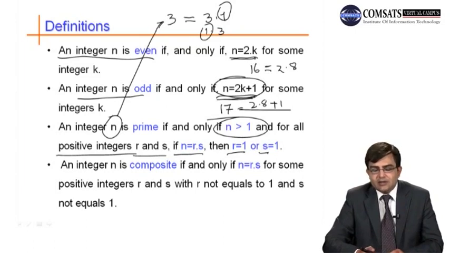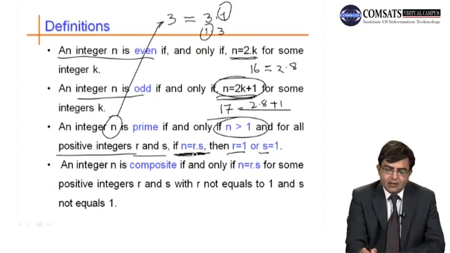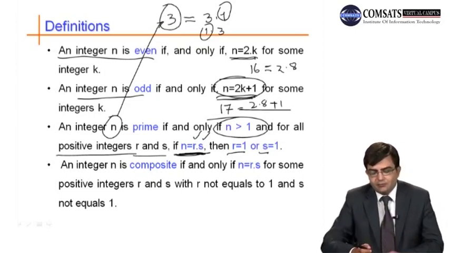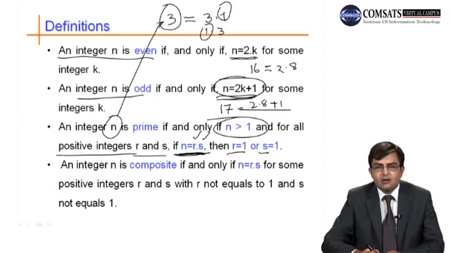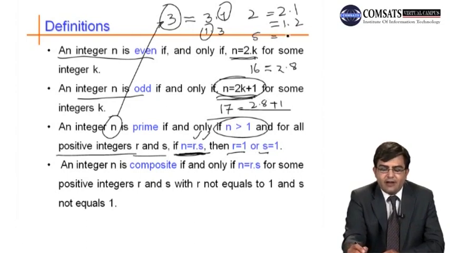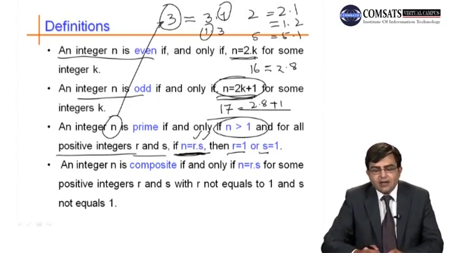So for integers which can be written in this form, where at least one of r or s is 1, it means there are no other factors. Such integers are called prime numbers. For example, 2 is also a prime number. We can write it as 2 into 1 only, or 1 into 2, and 5 is 5 into 1 or 1 into 5. These numbers can be written only in this form. So such numbers are called prime numbers.